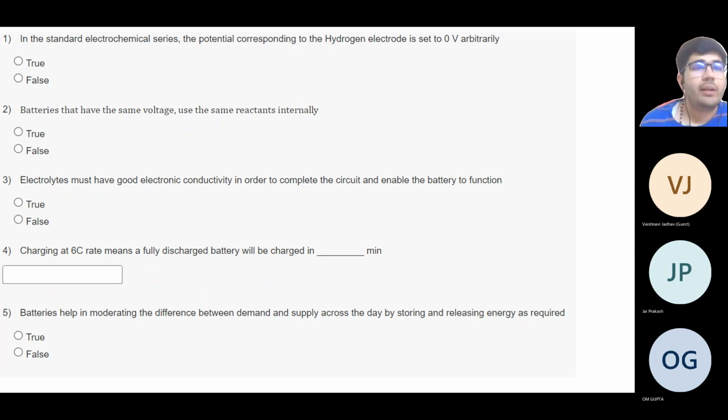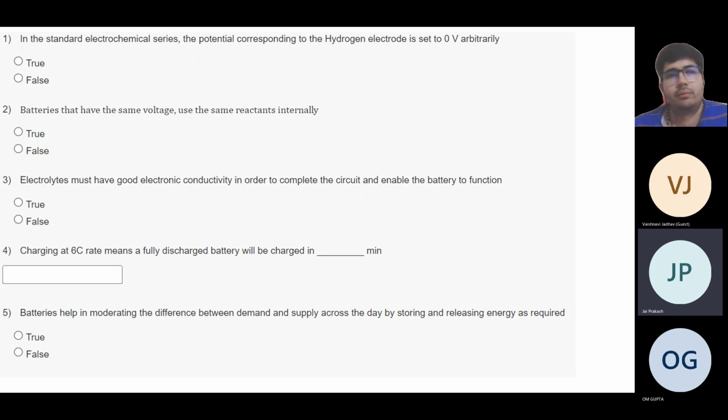So let's quickly solve this quiz. In the standard electrochemical series, the potential corresponding to the hydrogen electrode is set to 0 volt arbitrarily. True or false? True. Batteries that have the same voltage use the same reactants internally. False, because the reactants can be different.